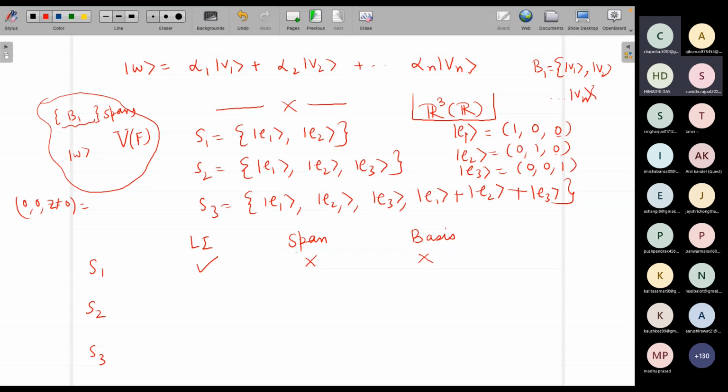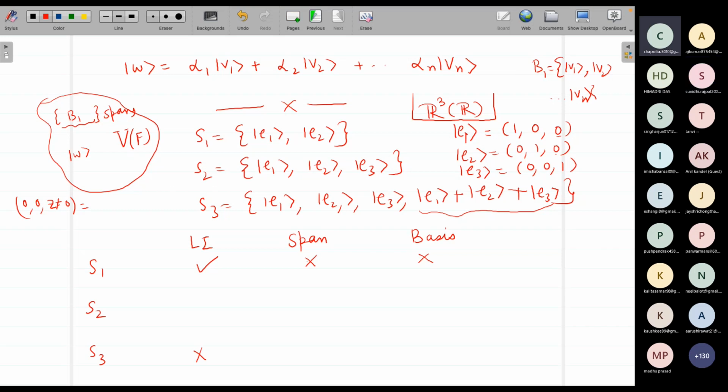The fourth vector can be represented as the addition of the first three vectors. Right, this fourth vector can clearly be written as a linear combination of the first three, and we have already seen the linear dependence of vectors. So S3 of course is a linearly dependent set, but can S3 span all the vectors of the vector space, this R cube? Yes, sir.